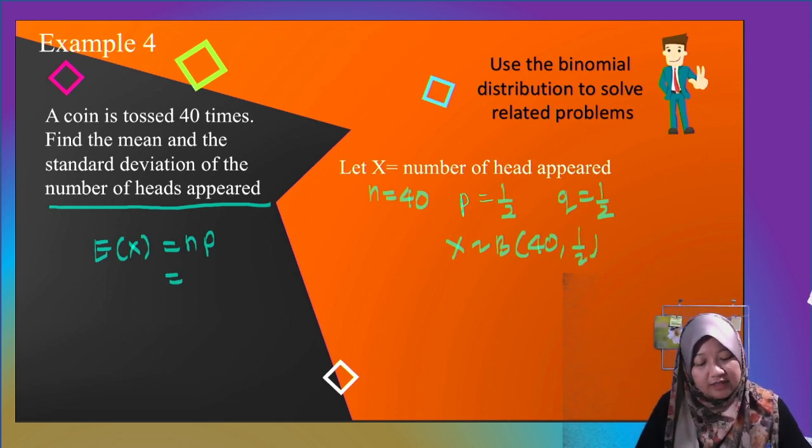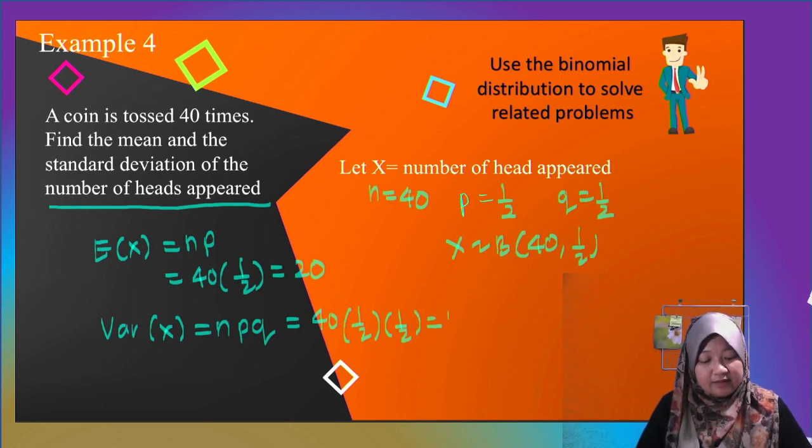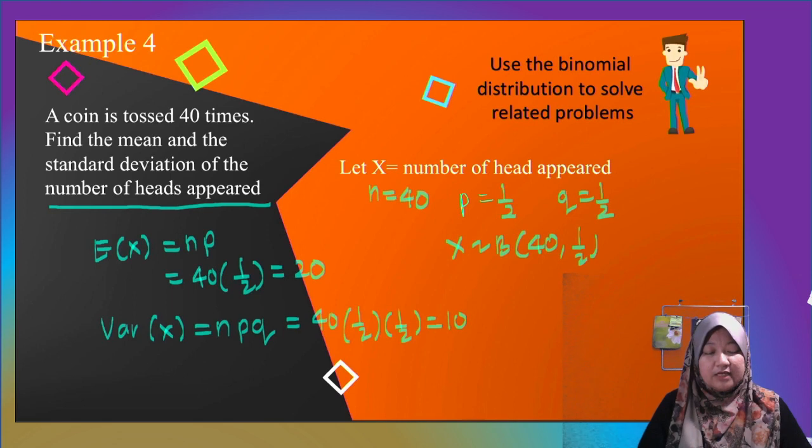Okay, so kita gantilah 40 darab 1/2. So kita dapat 20. Okay, untuk cari standard deviation, kita dapatkan dulu variance. Variance is NPQ. So N is 40, P is 1 over 2, Q is 1 over 2. So we have 10. This is variance, not standard deviation.